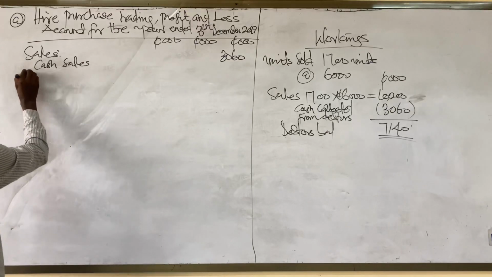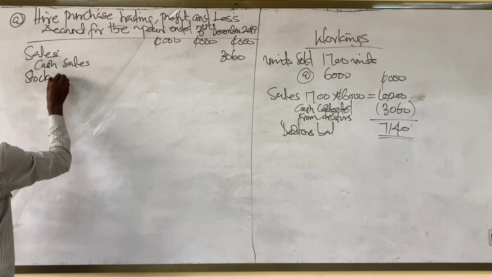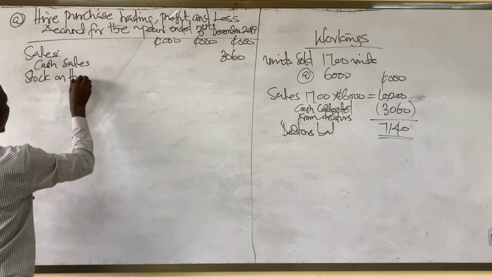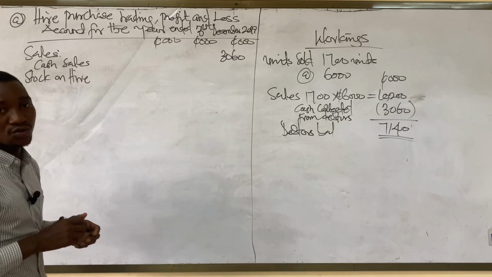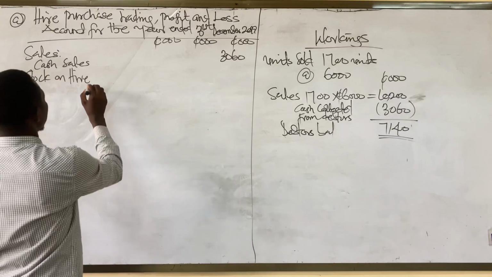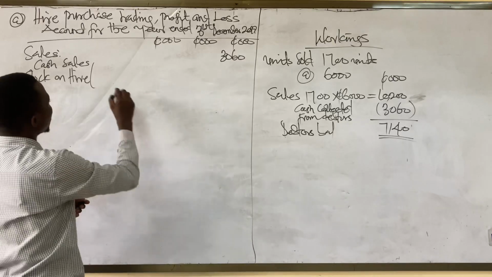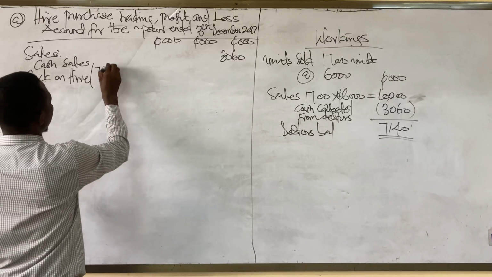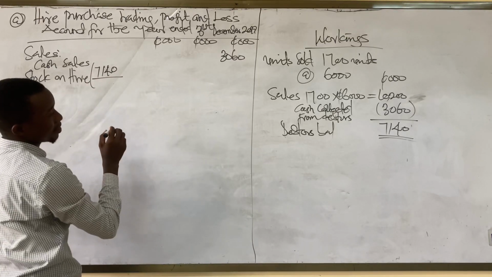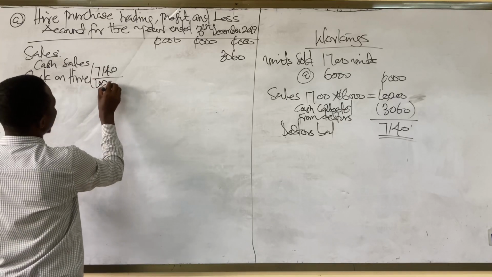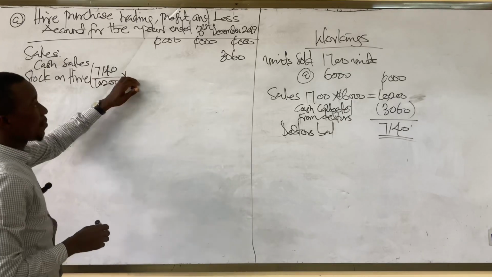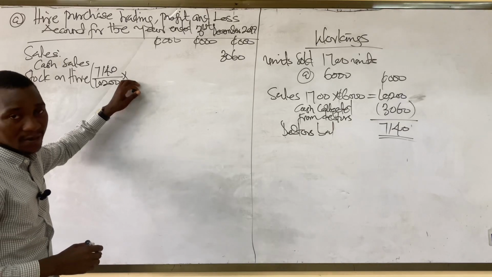Okay, so we have stock on hire, and we have a formula to determine that. That is, we have the debtors amount of 7,140 divided by the total sales of 10,200. Then we multiply by the cost of the hire purchase goods.